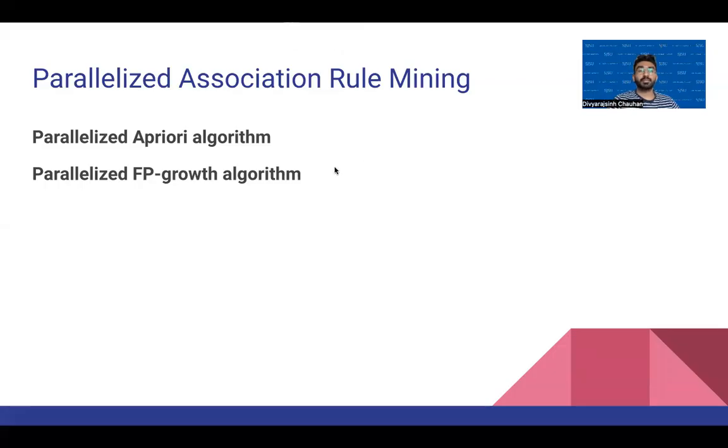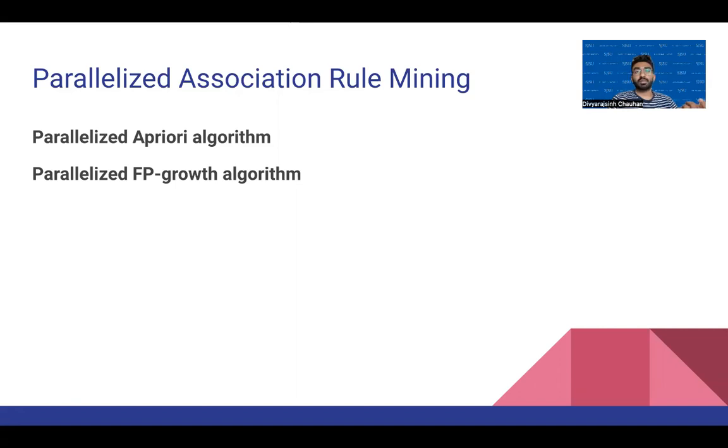Another is the FP growth algorithm. It's a frequent pattern mining algorithm used in data mining and machine learning. It works by constructing a compact data structure called the FP tree to represent the frequent patterns in a data set, and then recursively mining the tree to identify frequent item sets.